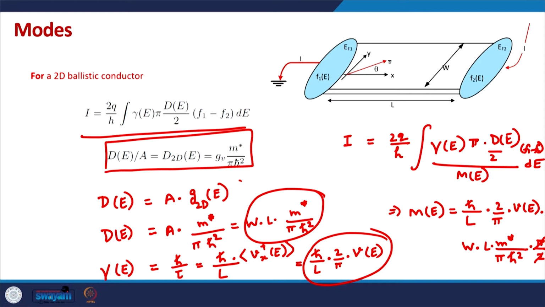So, this pi by 2 and 2 by pi cancel, L and L cancel, h bar and h bar cancel.